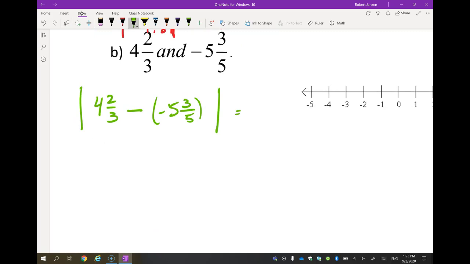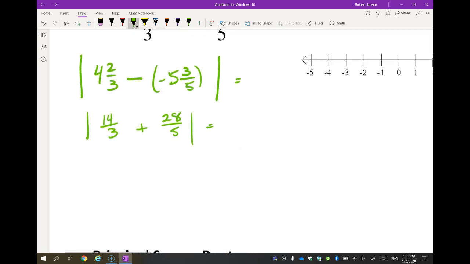So let's change them to improper fractions first. This is going to be the absolute value of 14/3 plus 28/5. And the common denominator is going to be 15. So this will be 70, and this will be 84.